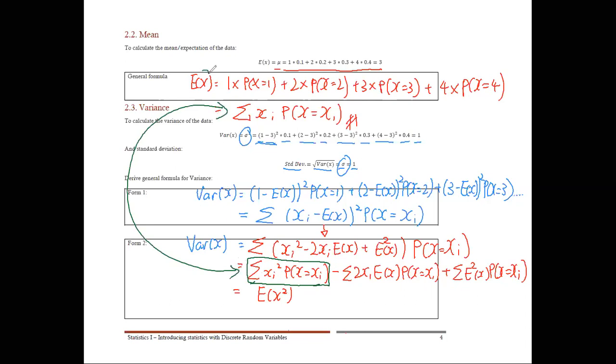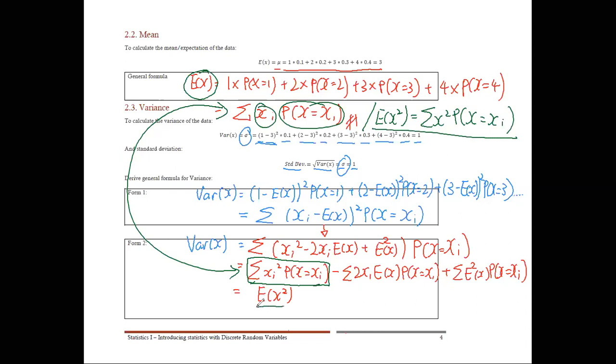So if I want to find the expectation of x, it will just be the x term multiplied by the probability. On the other hand, if I want to find the expectation of x squared, it will be the sum of x squared times the probability. Okay, so we'll replace the first term with E(x squared).